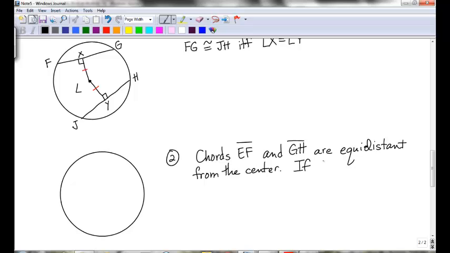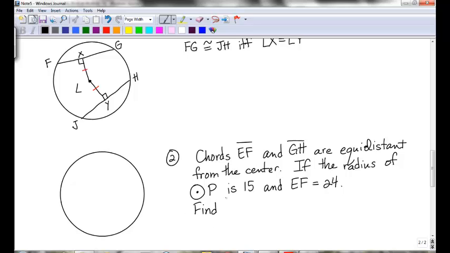If the radius of circle P, and use the symbol for a circle, if the radius of circle P is 15 and EF equals 24, find PR and RH.